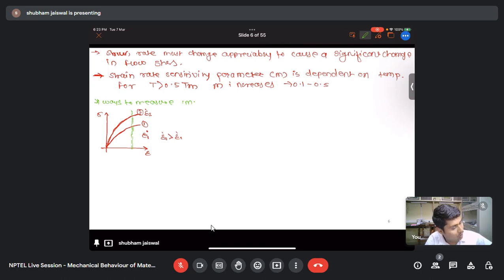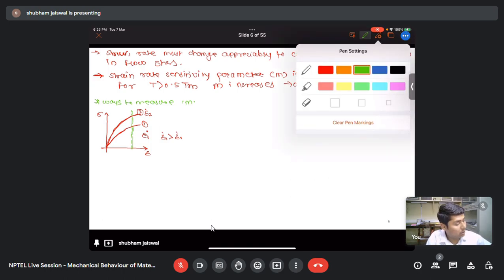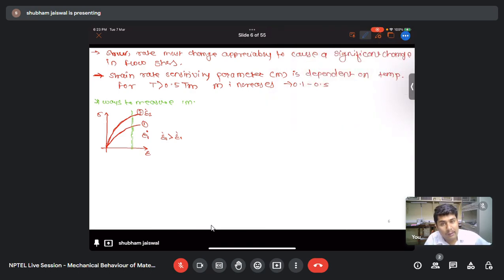So if I apply the equation at point A, for curve 1 it will be sigma 1 equal to C epsilon 1 dot to the power m, and for curve 2, sigma 2 equal to C epsilon 2 dot to the power m, and in this way we can calculate the value of m.